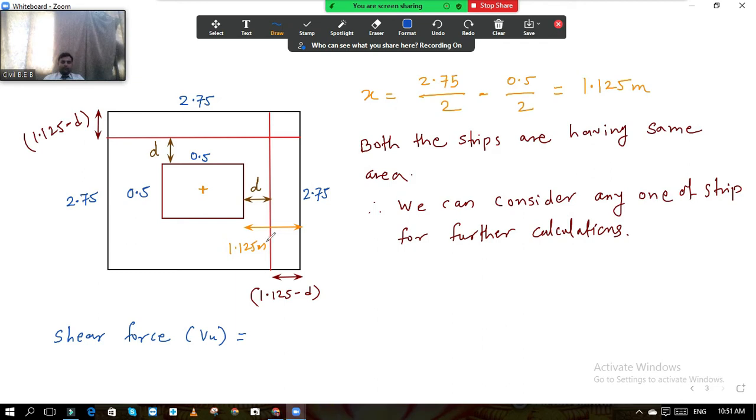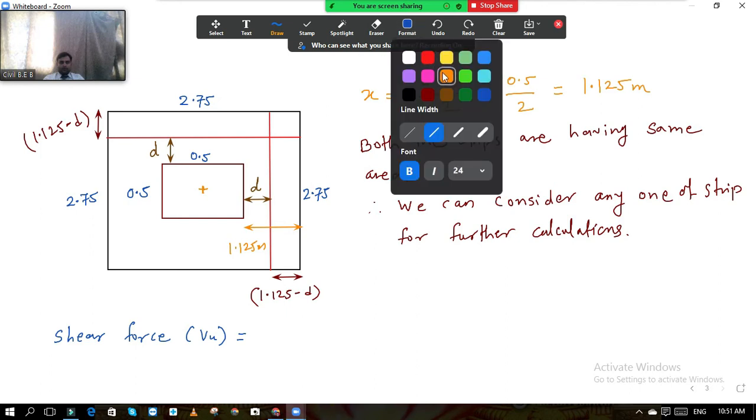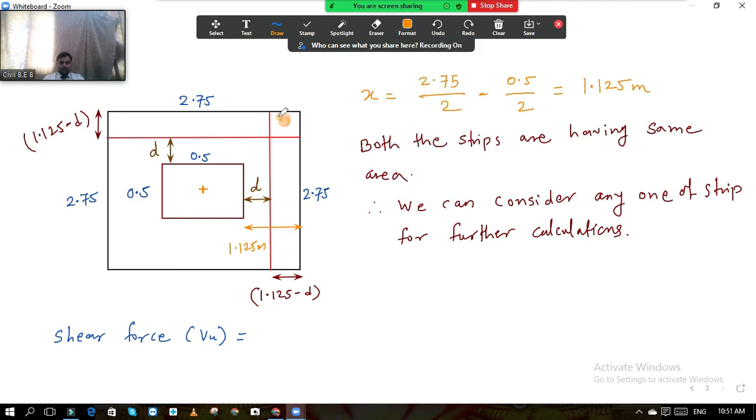What is the area of the strip? Now the area of the strip, if you see, this is the area of the strip. This strip we have considered over here. This much of area.